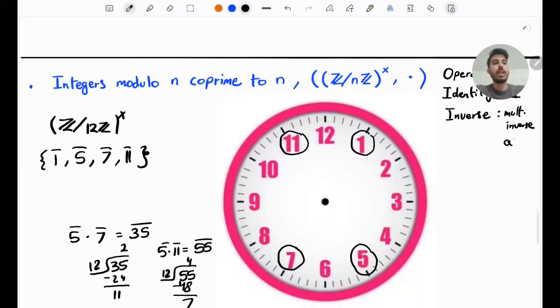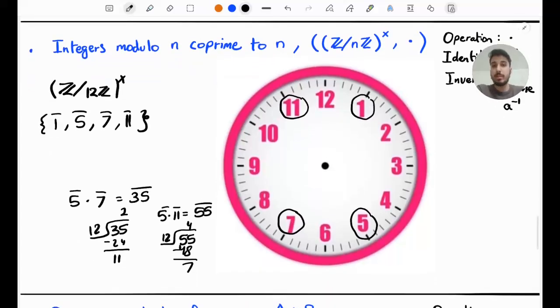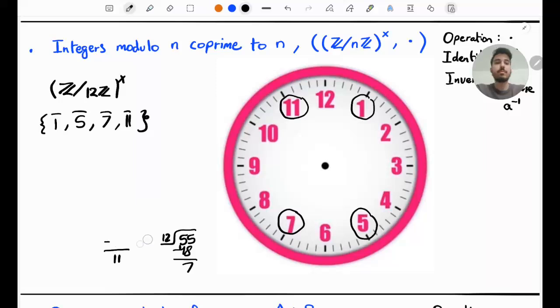So we would call it a to the power minus 1. Of course, that notation just means the number that, when multiplied by our element, gives back 1 bar. Great. That is our group, the multiplicative group of the integers modulo n coprime to n, with this example.